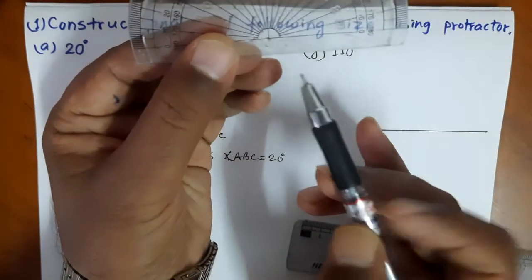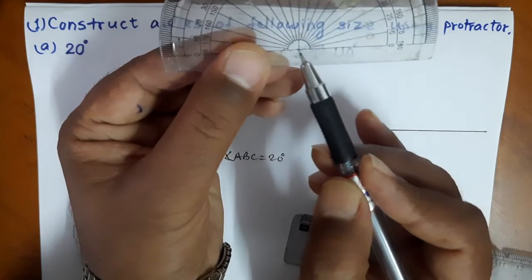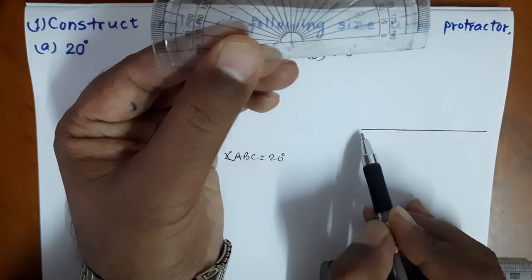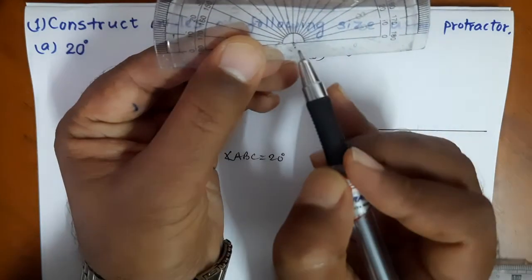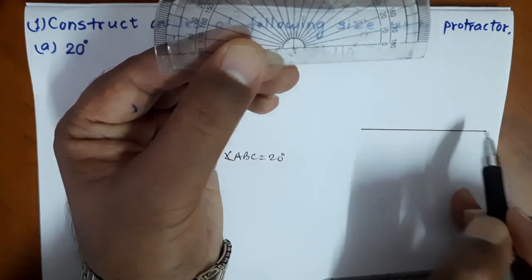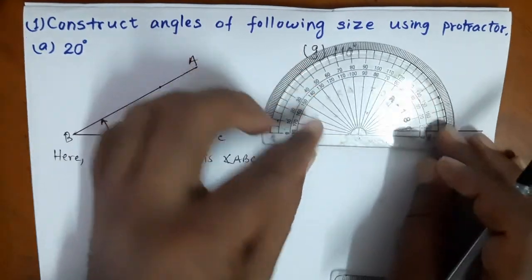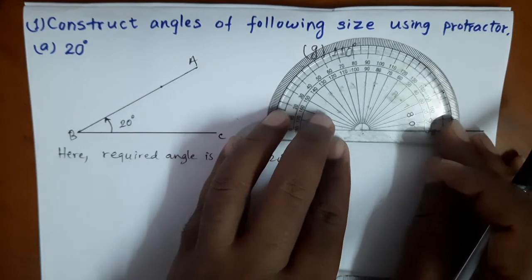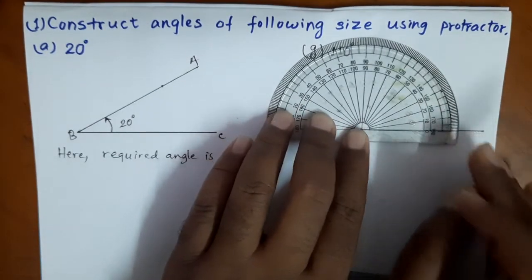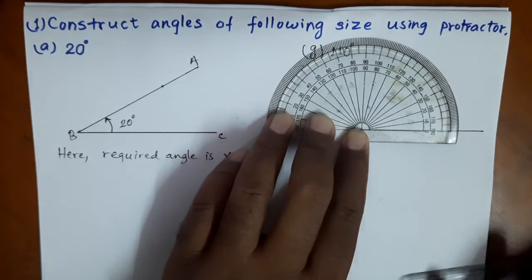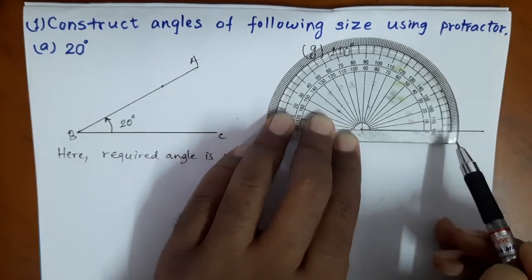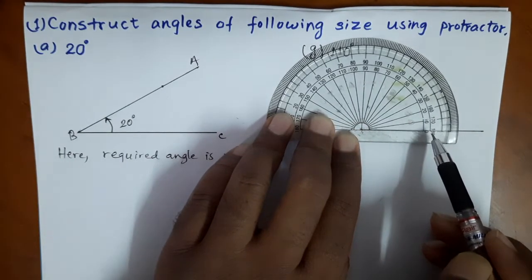You place the center of the protractor on one end of this line segment, and the baseline along this line. In this way we will place it, and we need to draw an angle of 110 degrees. So you just see the reading of 110 degrees. Make sure that you start from 0.